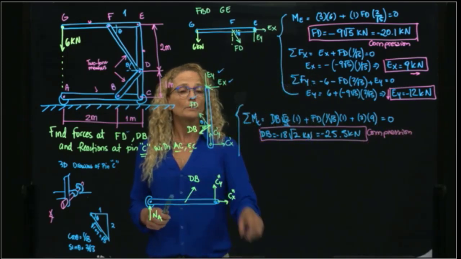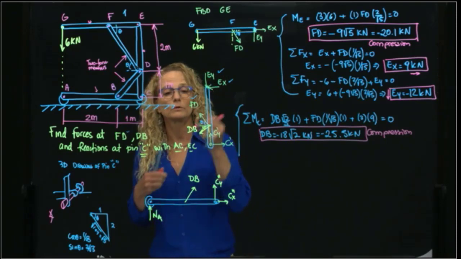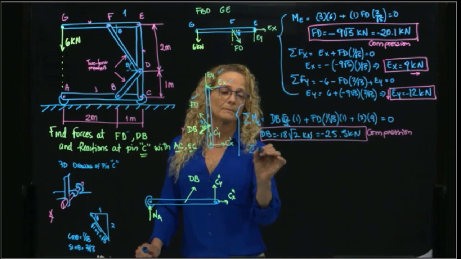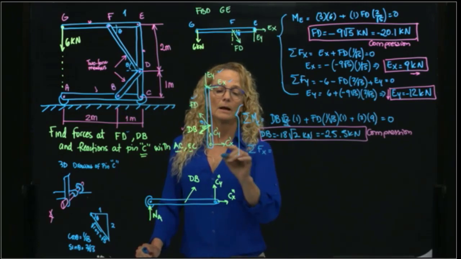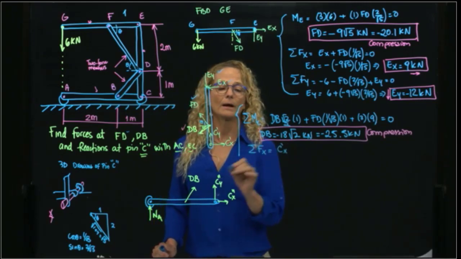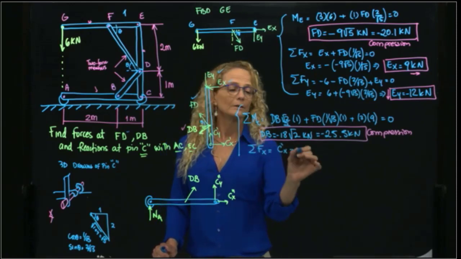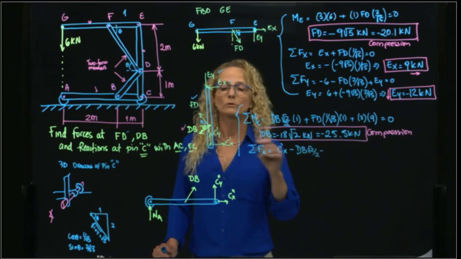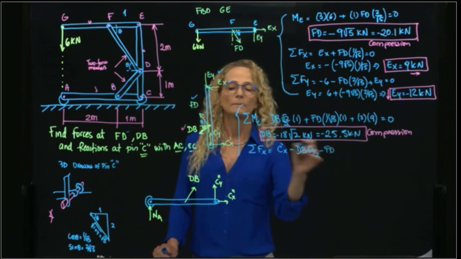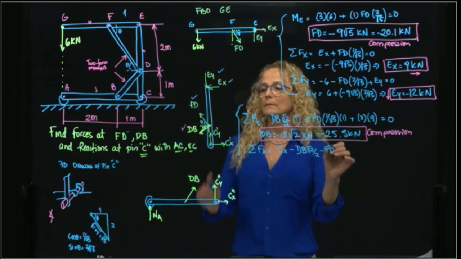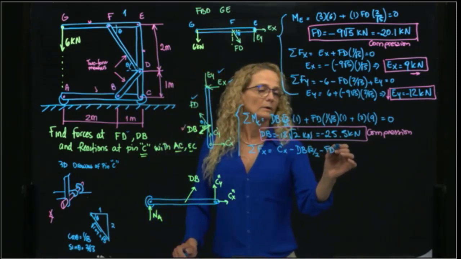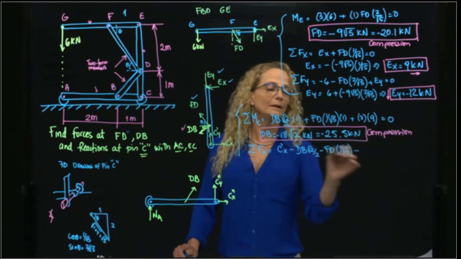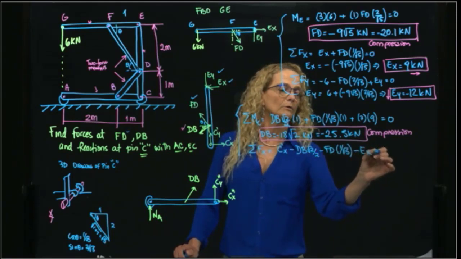Okay, so now that we have this value, we were able to find also this value. Now we add forces in X, and we get Cx prime minus dB square root of 2 over 2 minus FD, and the cosine is 1 over square root of 5, minus Ex equals 0.